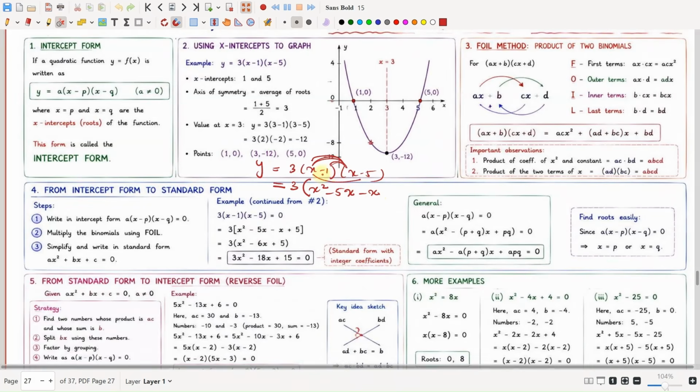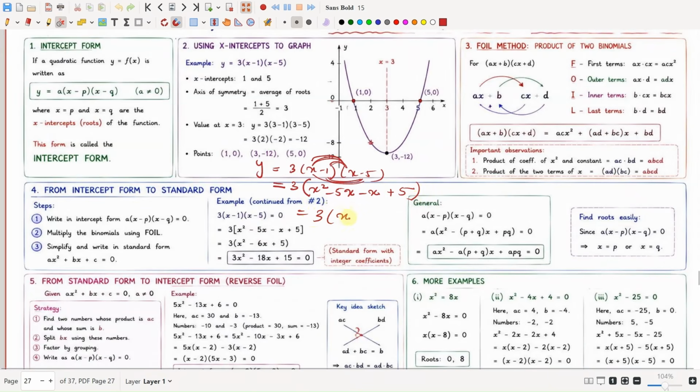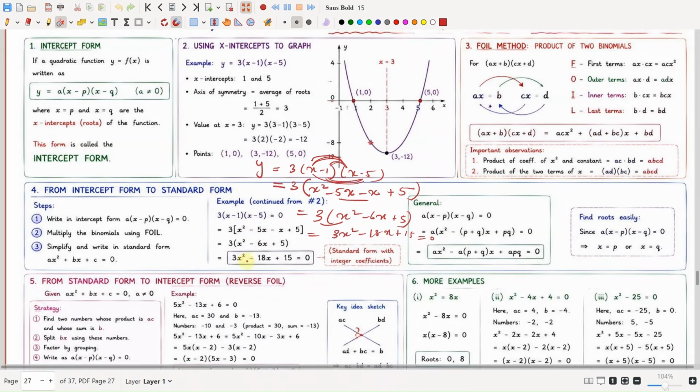Then I'm going to the last terms, minus 1 into minus 5, which is plus 5. So this will be 3 into (x square minus 6x plus 5). These two things I'm adding, I'm getting minus 6x plus 5. I'm multiplying the 3 to the inside: 3x square minus 18x plus 15 is equal to 0. This is the standard form of the quadratic equation.